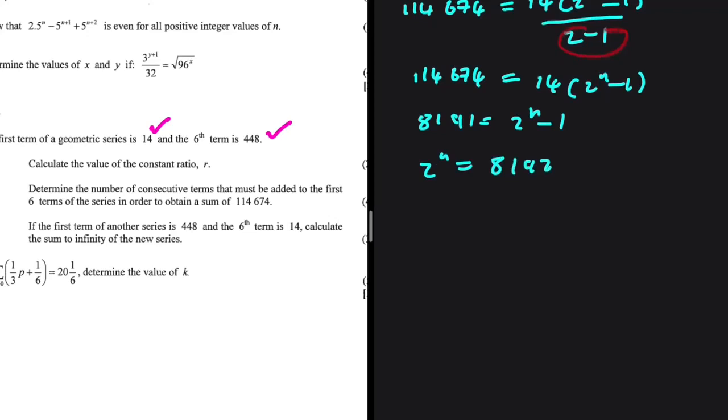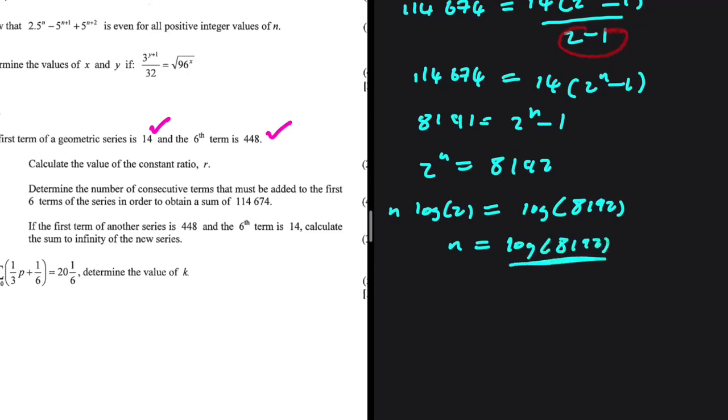So we can take log on both sides. We're going to have n log of 2 being equal to log of 8,192. So n is equal to the log of 8,192 divided by log of 2.